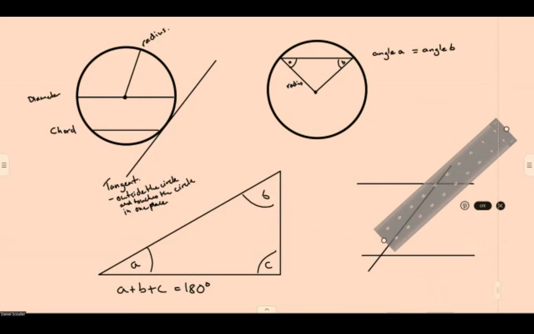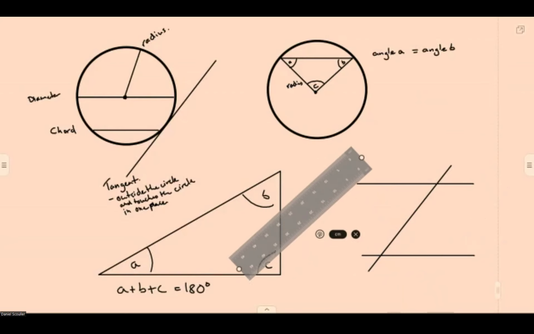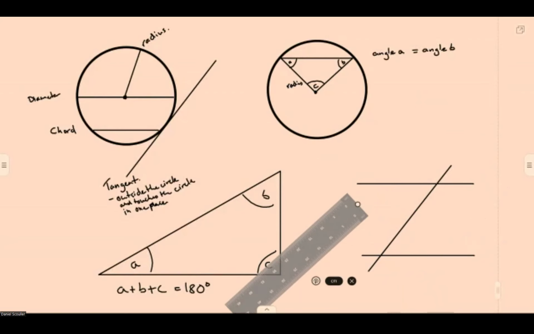Okay, so let's go back up to this circle, top right circle. And we'll put in this angle C. Okay, that big angle. That angle where two radiuses come from, that centre, that origin. If we know that angle in there, we can take that away from 180. The number we're left with, we can divide by 2 and we can get angle A and B out of it.